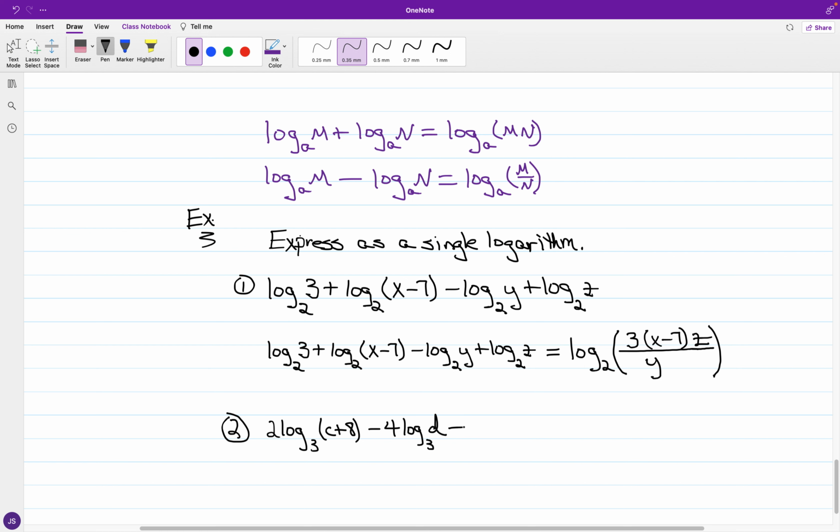And say we have minus 6 times the base 3 logarithm of the quantity of x minus 9. And we'll say we have plus the base 3 logarithm of the quantity of z minus 3.